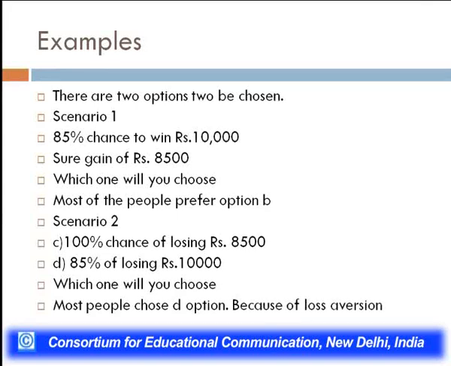Both options give you the same answer, but if you ask anyone what they will choose, 100% chance of losing 8,500 rupees or 85% chance of losing rupees 10,000, most people choose option D because of loss aversion. When it comes to losses, people become risk takers.